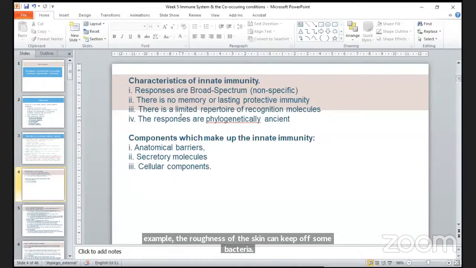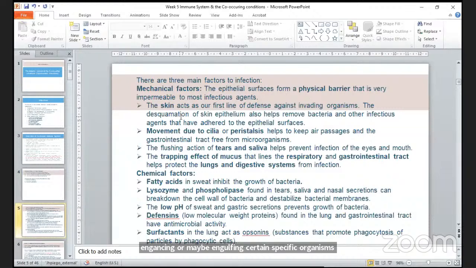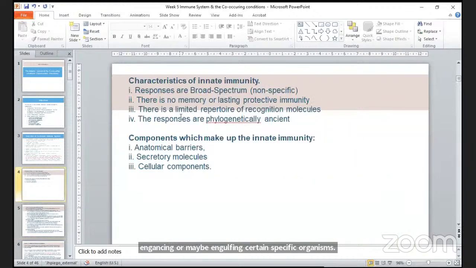Then secretory molecules, where we talk about the antibodies being secreted to counter the effect of the diseases. Then the cellular components are the cells that do the work of engulfing certain disease-causing organisms, for example, the phagocytes.